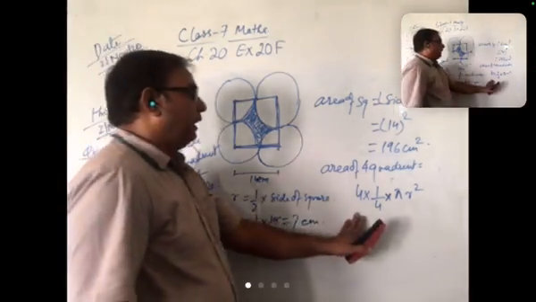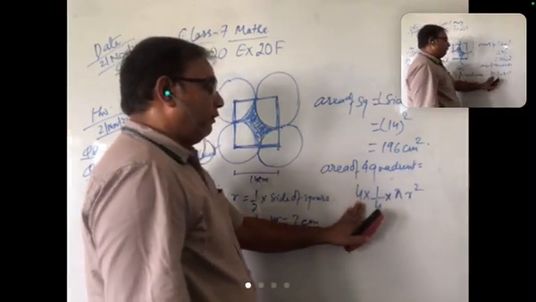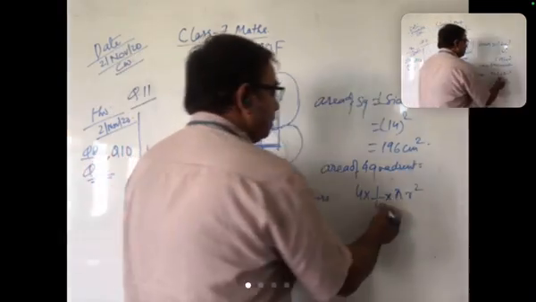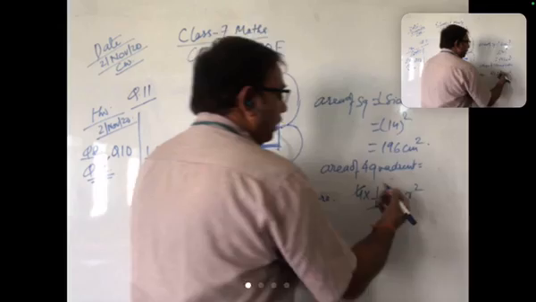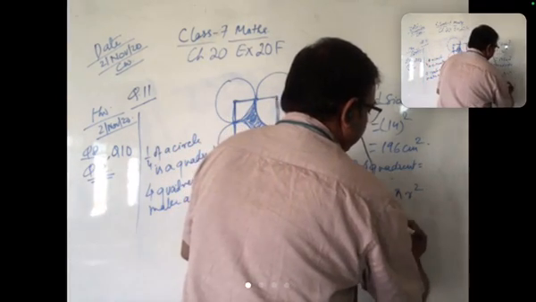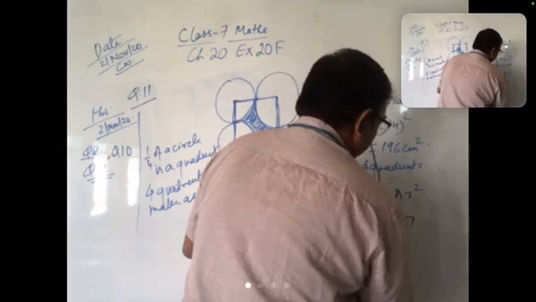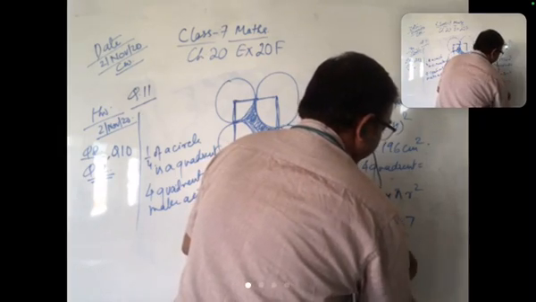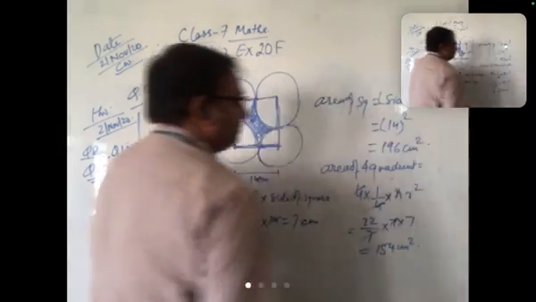So the area of 4 quadrant means 4 multiplied by 1/4. So you just cancel 4 and 4. So the area must be 22/7 multiplied by 7 into 7. So it will be 154 centimeter square.